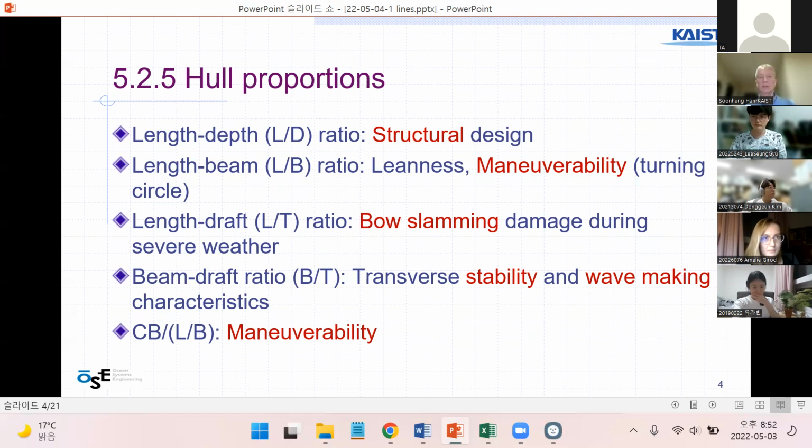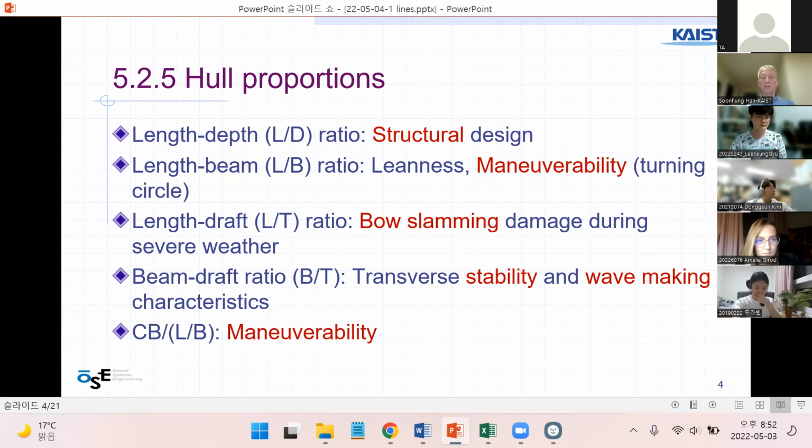And the other one is length depth ratio. If the depth is shallow, then there can be bow slamming damage during high waves. Slamming means the ship bottom is hit by, damaged by water slamming, water contact, high-speed contact.